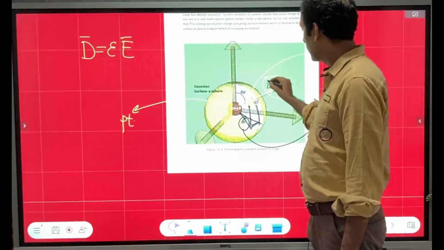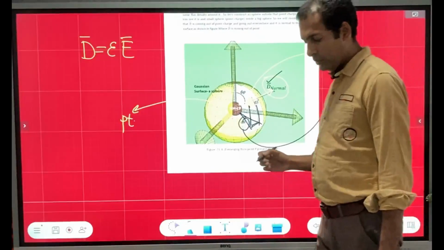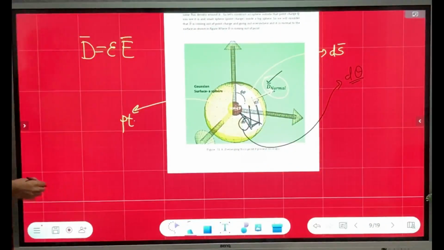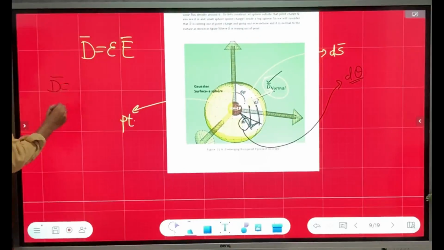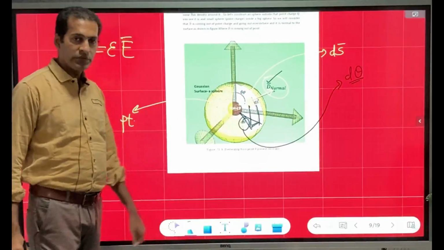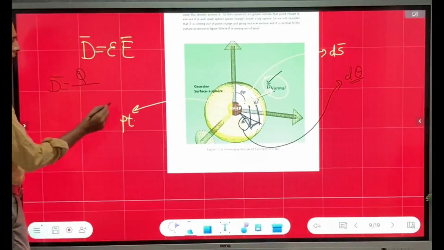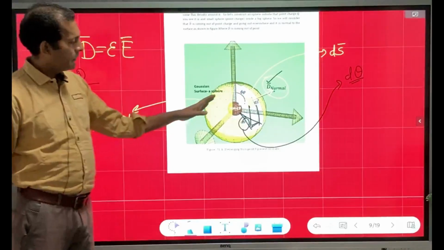Now this D bar, according to Gauss law, is created by a point charge, say point charge q. And what is the area?